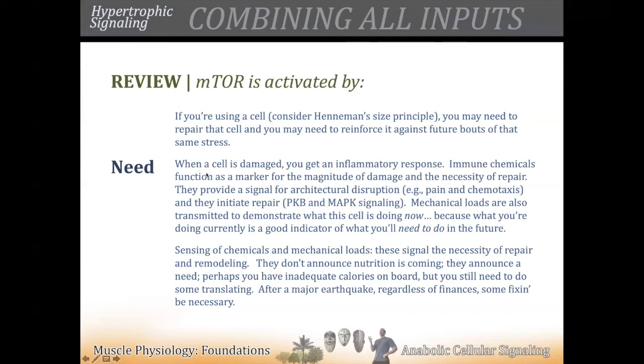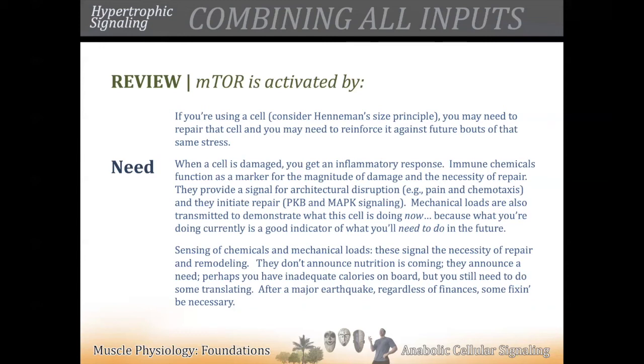So when a cell is damaged, you get an inflammatory response. It's a bunch of immune chemicals, cytokines, chemokines, these prostaglandins, and these are a marker for how much damage there is. Right, the more damage, you do 20 sets of squats or one set of squats. You do your Alfredson protocol.